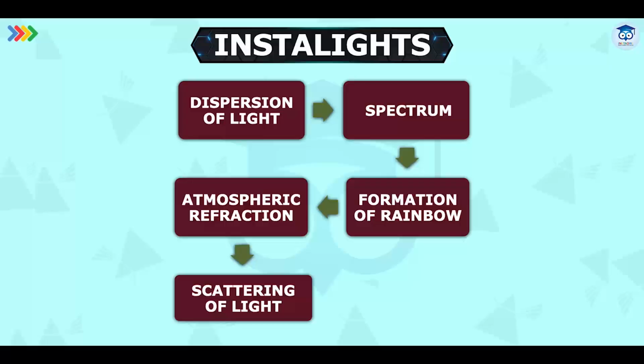Finally, we understood scattering of light, where atmospheric particles deflect light in different directions. This explained natural phenomena like the blue color of the sky and reddish hues during sunrise and sunset.